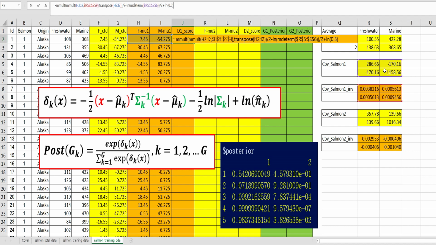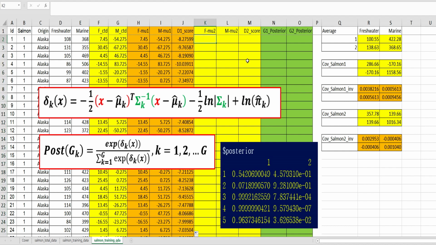Then let's press Ctrl Shift Enter. Okay. So we can apply this formula for other cells. Okay. Let's get value for column K and L.